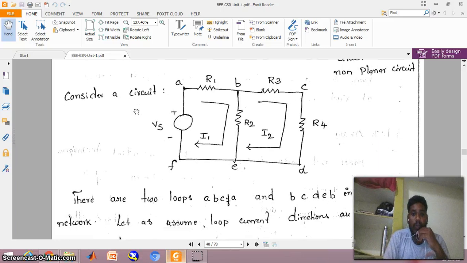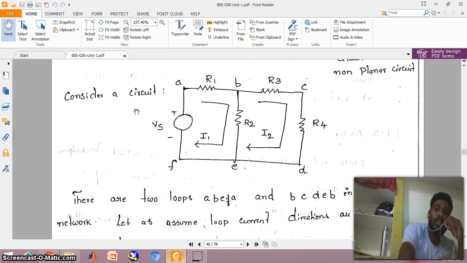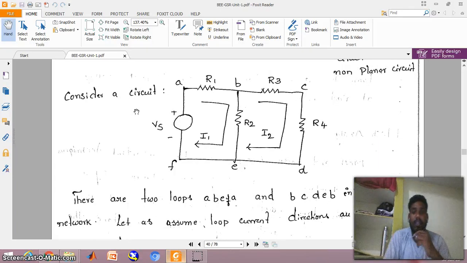So in loop 1, one voltage source is there, and two resistors are there. Another definition is that the sum of source voltages is equal to the sum of drop voltages. Here the source voltage is Vs. Vs is equal to the sum of drop voltages, meaning the voltage across R1 plus the voltage across R2. Voltage across R1 is current through R1 into R1 resistance, so current through R1 is I1.